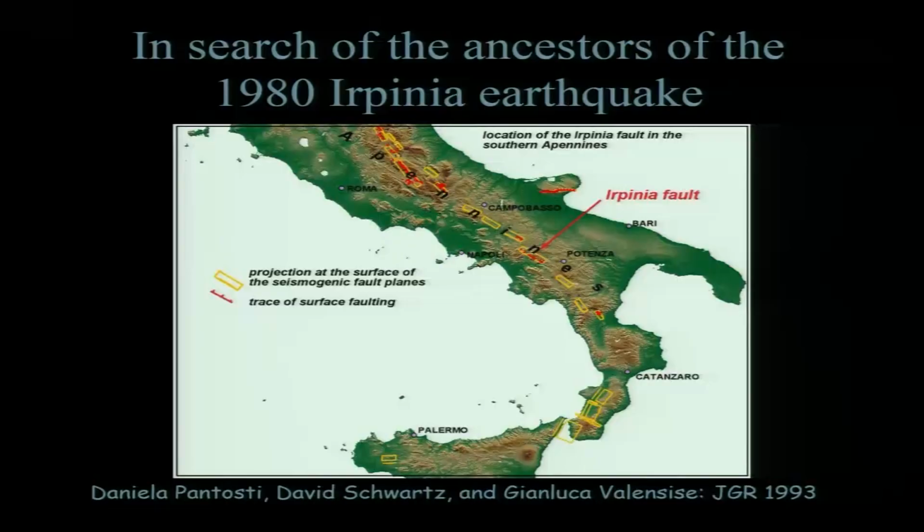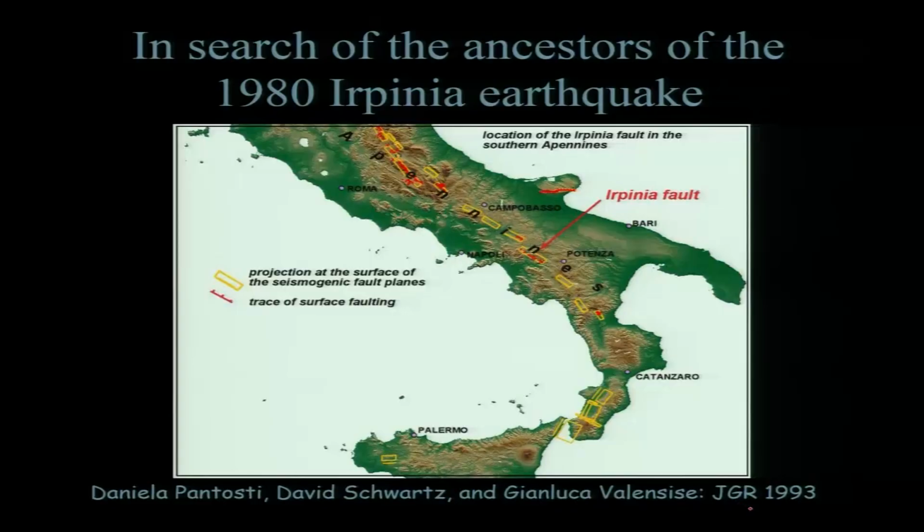I usually use this for teaching purposes, and I hope it is going to be a useful presentation for understanding the faulting environment in extensional tectonics. If you want, you can get the details from the Journal of Geophysical Research.